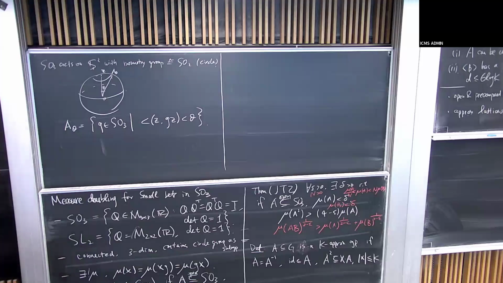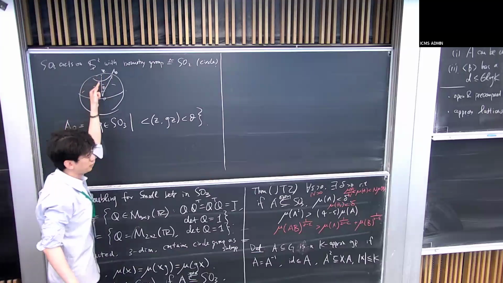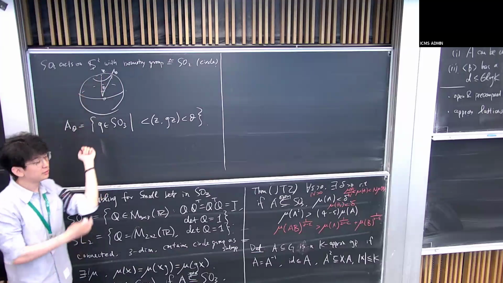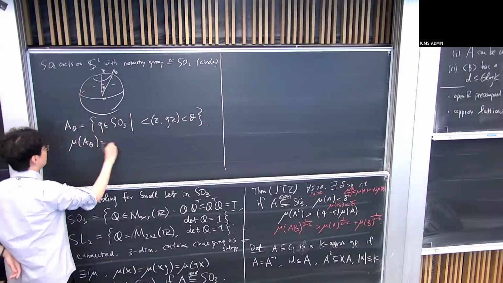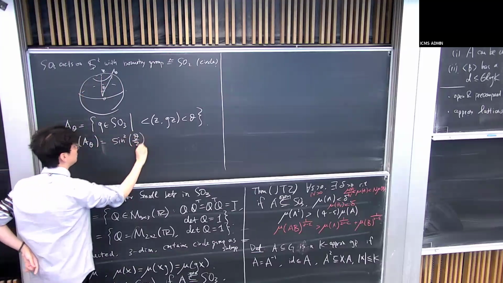By a nice integral formula, we know the volume of A theta in SO3 is exactly the area of this little cap. And the area of a little cap has been known since 2000 years ago. So we know the measure of A theta is something like sine squared of theta by 2.